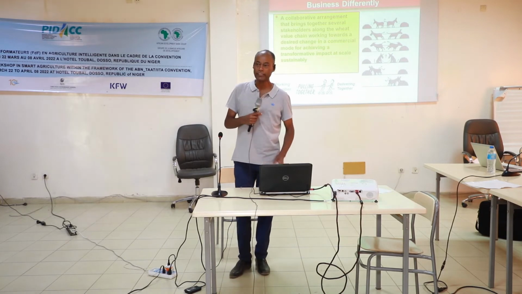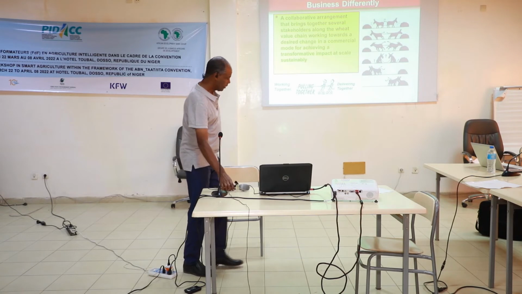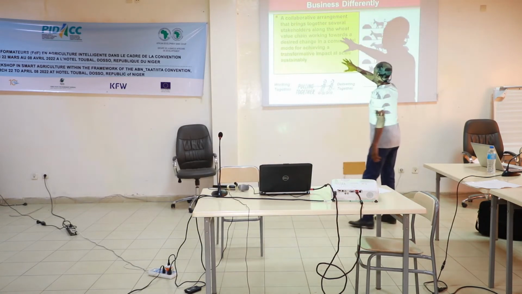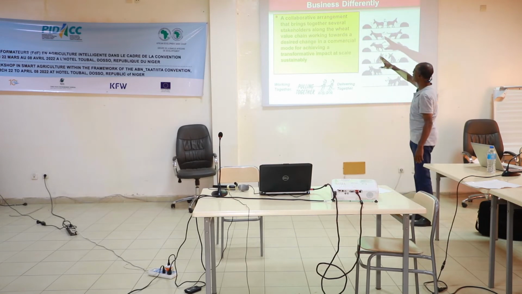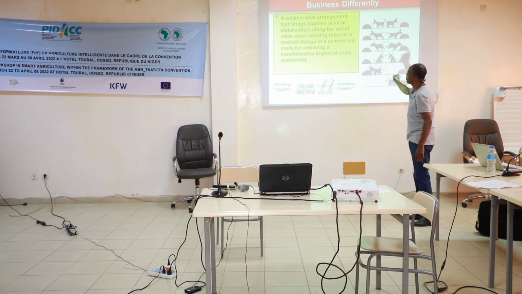Look, what is the problem today? We need a collaborative arrangement that brings together several stakeholders along the wheat value chain, working together toward a desired change in a commercial mode, for achieving a transformative impact at scale.